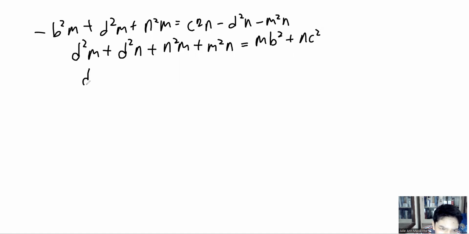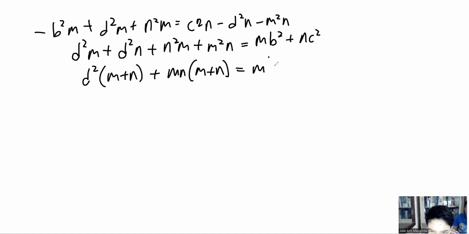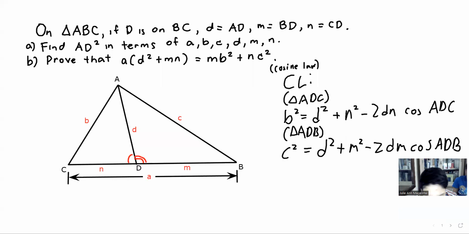Now we can factor out the d squared, and here we can also factor out the mn. Okay, we found that this was actually an expanded product of two binomials. m plus n is actually a, as you can see here.